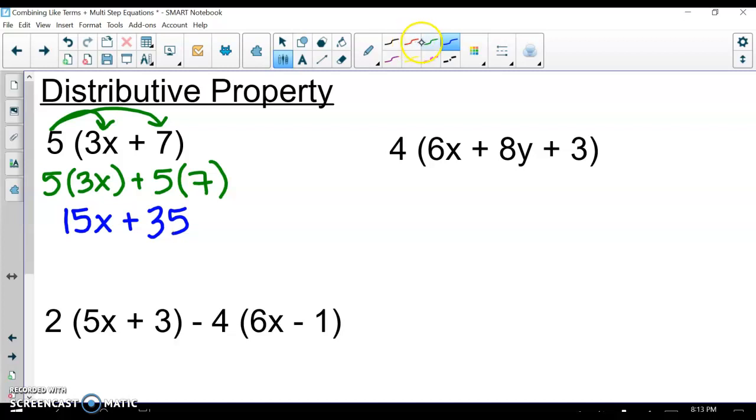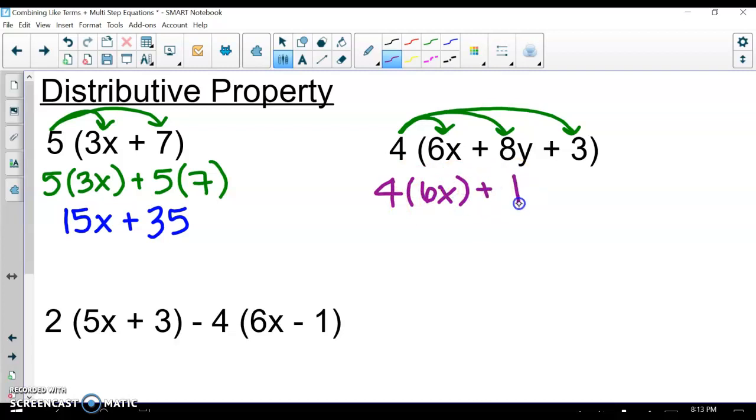So let's do the same thing here. We are going to multiply through the first, the second, and the third. We always multiply through all of our terms. So here, it's like saying 4 times 6x plus 4 times 8y plus 4 times 3.